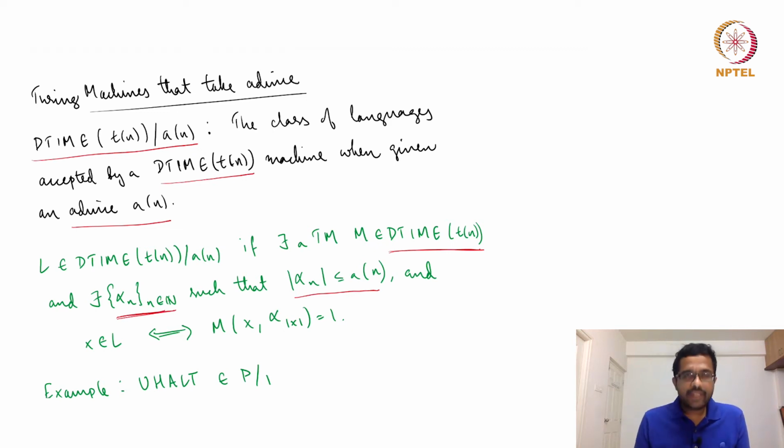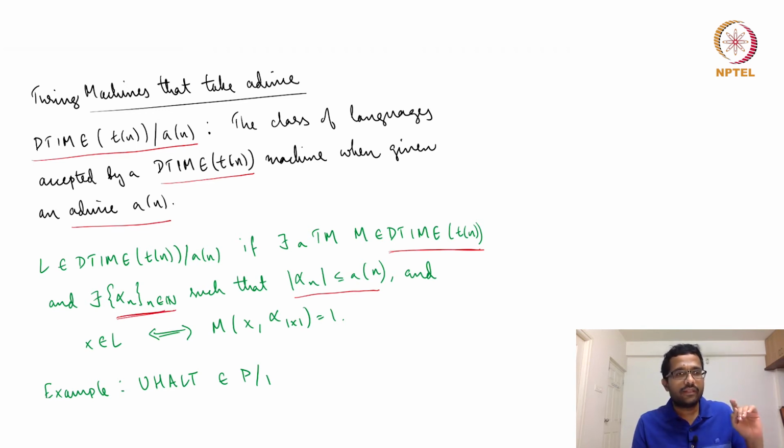So this may seem similar to the definition of NP, where we had the verifier model of NP, with a proof string or witness string or certificate string for each input. The main difference here is that there are two differences.